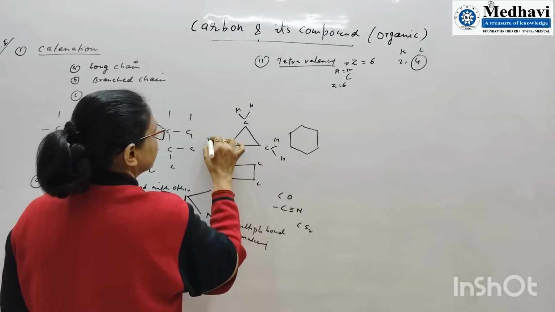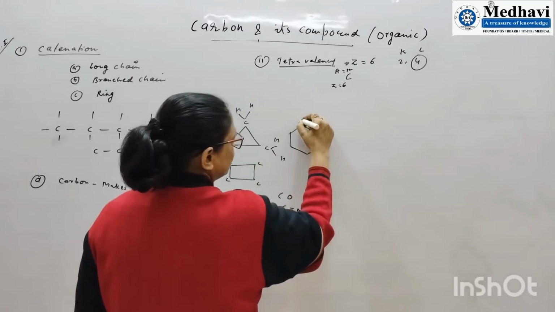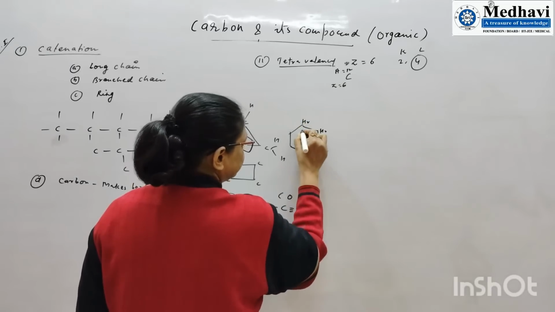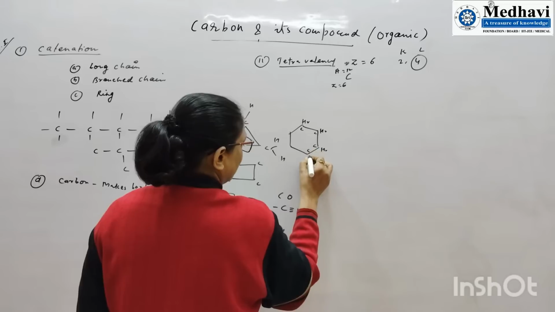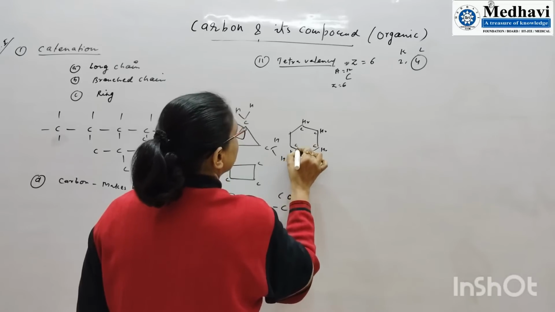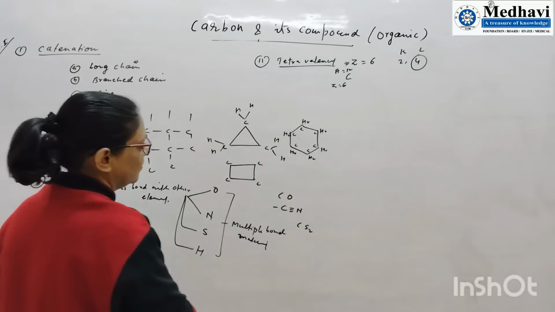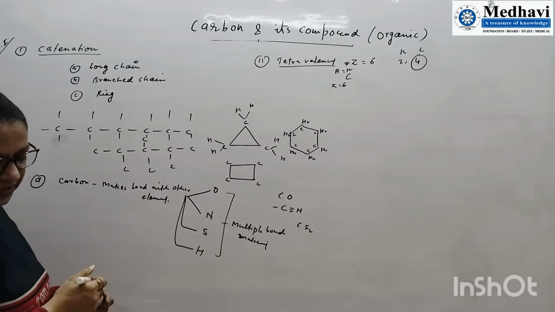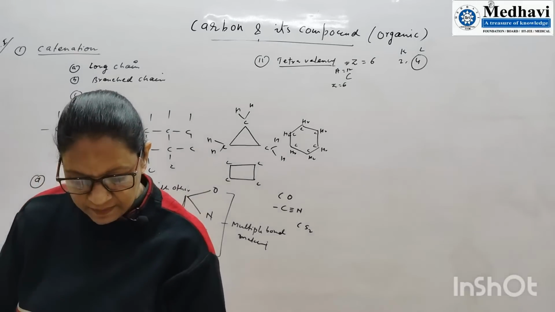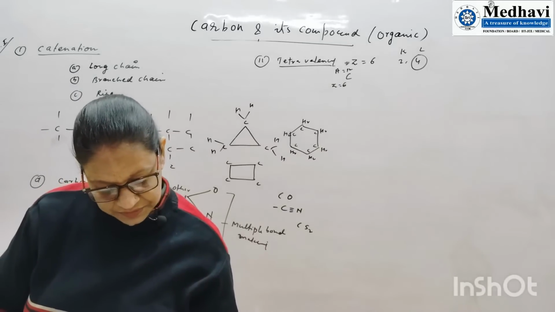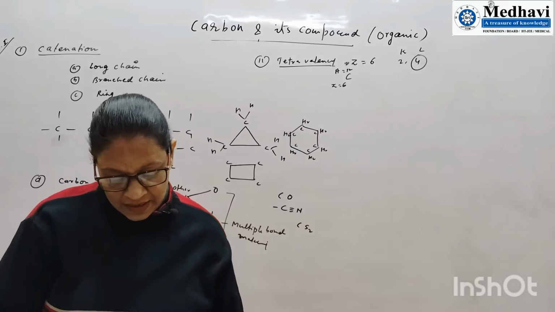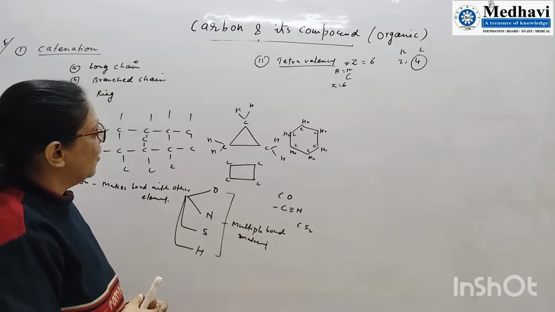Here 2 carbons, so 2 hydrogens. So we can write the condensed form. This is called the condensed form. So this is the important property of carbon, that it can make a maximum of 4 bonds.